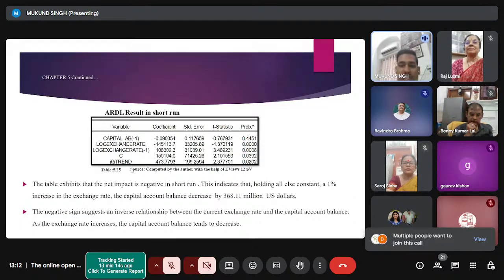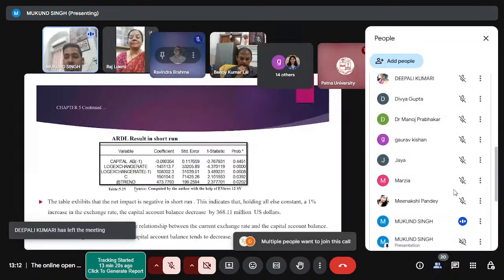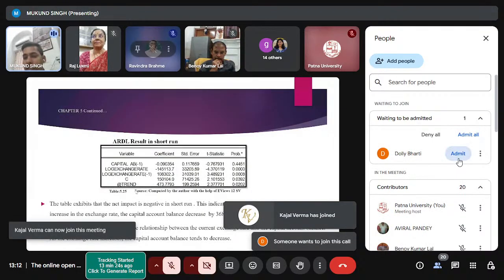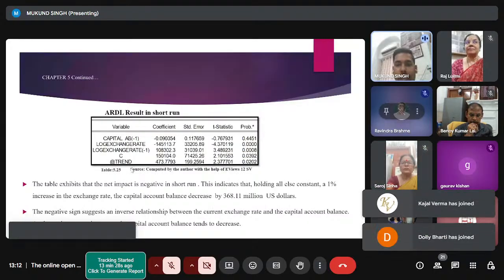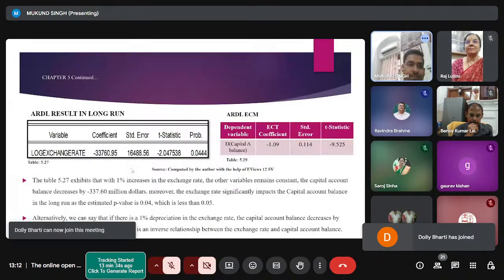It means that with a 1% change in interest rate, the capital account balance decreases by 668.11 US dollar. And the calculated p-value suggested this relationship is statistically significant.